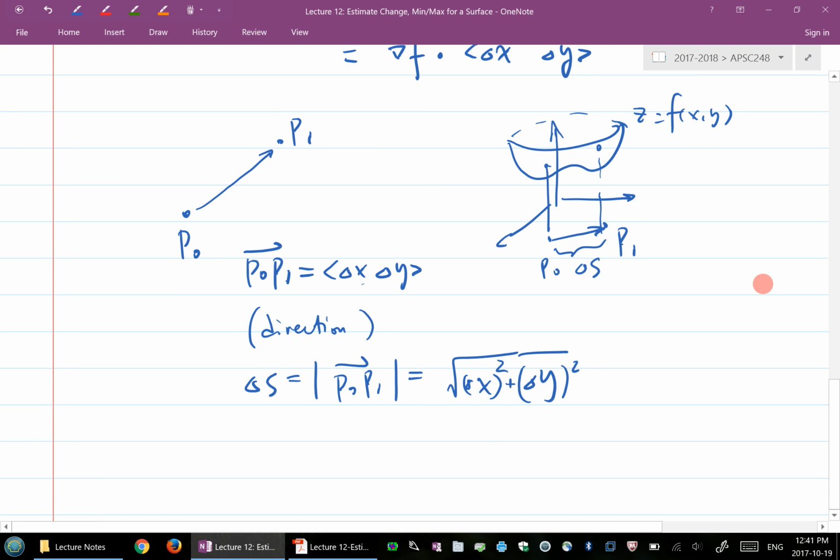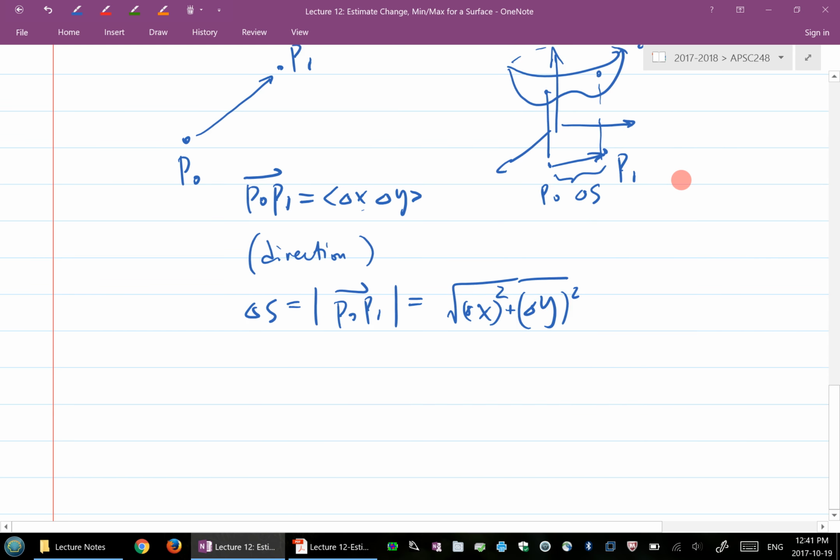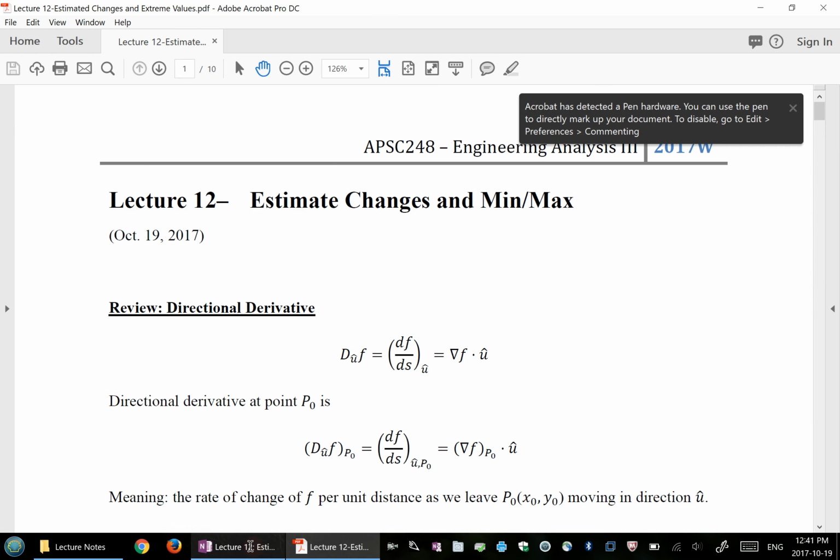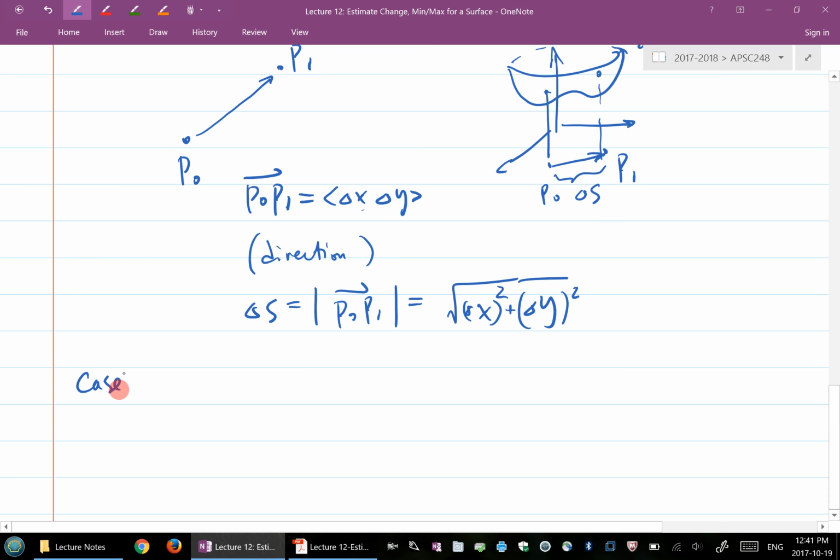We're going from one point to another point, which is equivalent to going in a certain direction by a certain amount of displacement, right? So that's another way of looking at this. This is essentially the third case, the more general case in terms of estimating changes.